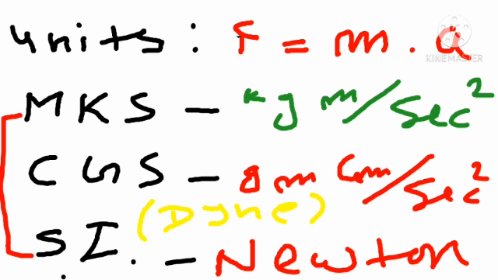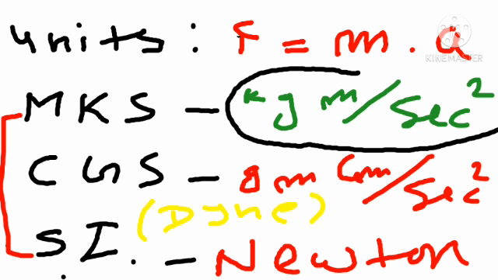By the help of this formula, we will get the units of force in different systems: MKS, CGS and SI. As we know, mass is measured in kilogram and acceleration is measured in meter per second square.